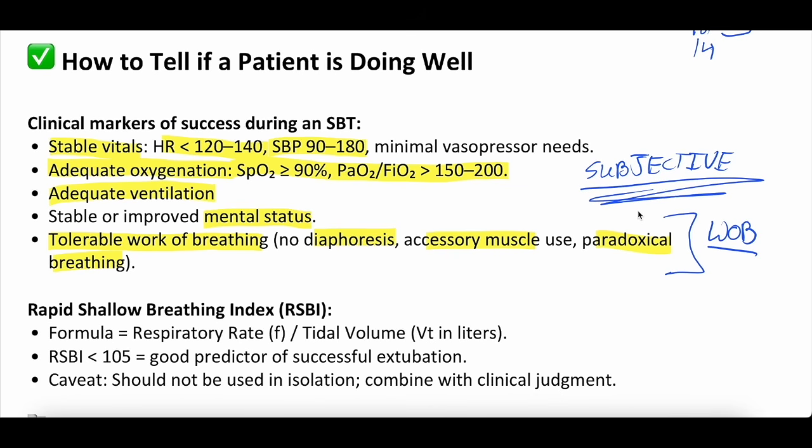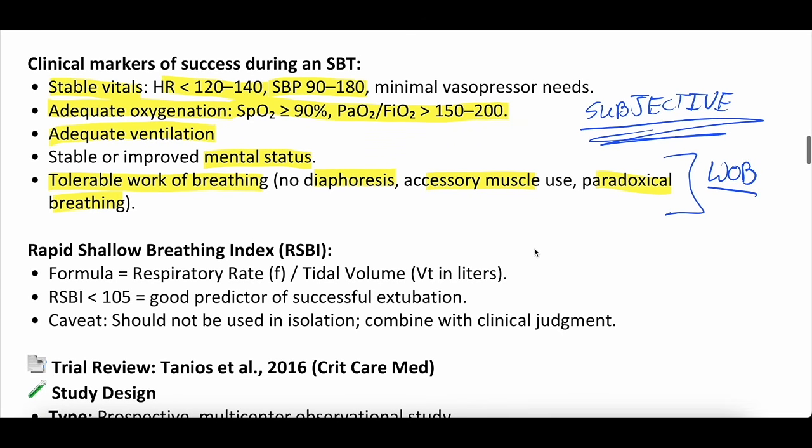When we try to make this process more objective, one of the common markers people talk about is something called the Rapid Shallow Breathing Index, the RSBI. Some people call it the RSBI. And the Rapid Shallow Breathing Index is a math equation. It is the respiratory rate divided by the tidal volume in liters, okay?